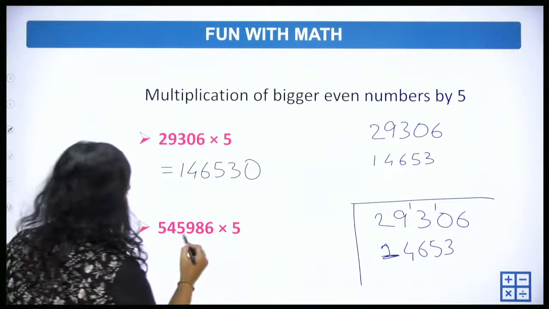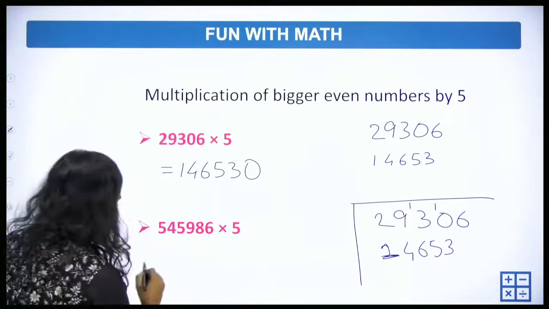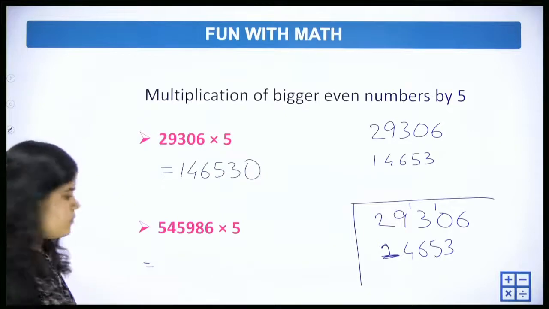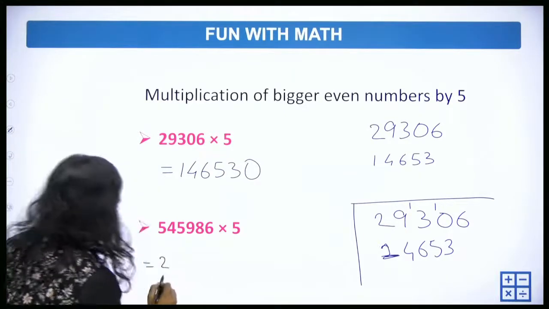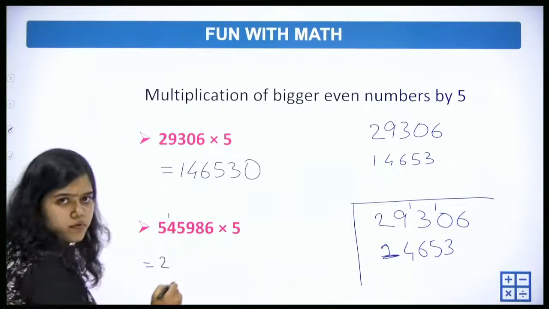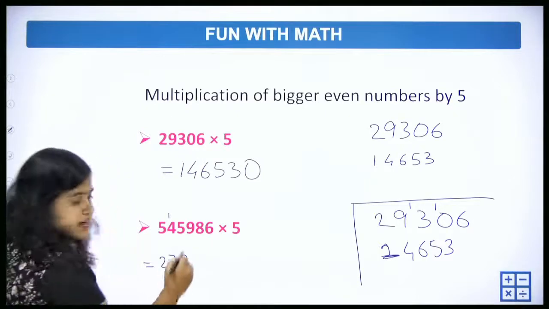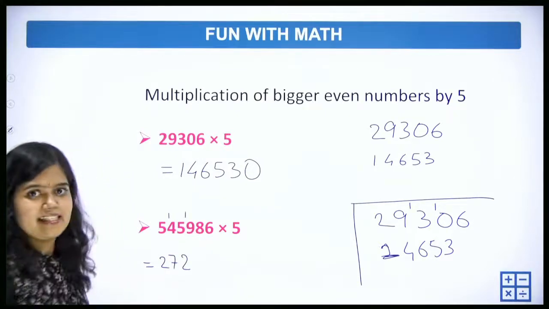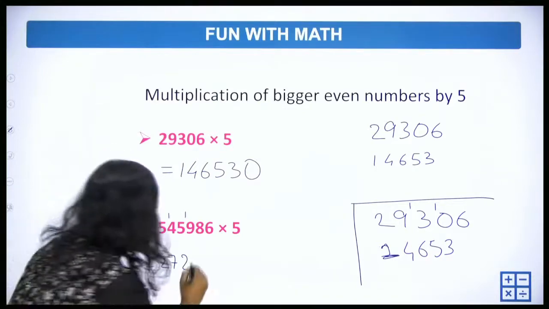Let's solve the next one now. So 5, 4, 5, 9, 8, 6 into 5. So again, first divide it by 2. On division, 5 by 2, we get 2. So 1 carried. 1, 4, 14. So 7. 5 again. So 2 2's are 4 and 1 carried. 19. 19 cannot be divided by 2. So we'll divide 18 and write 9.